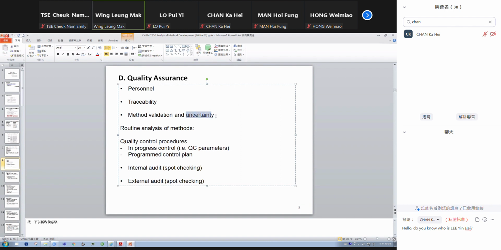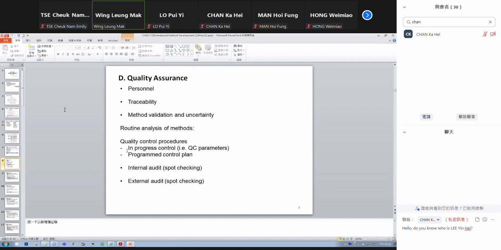And then the data collected in the method validation, you can use to calculate the uncertainty. For the routine analysis of the method, just having this data, traceability, and personnel is insufficient. You need to add some QC procedures.